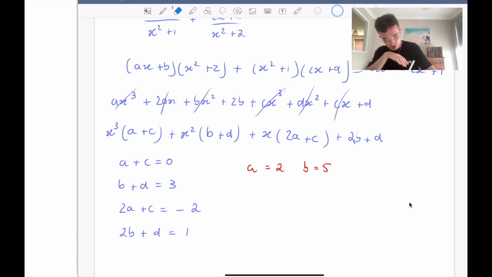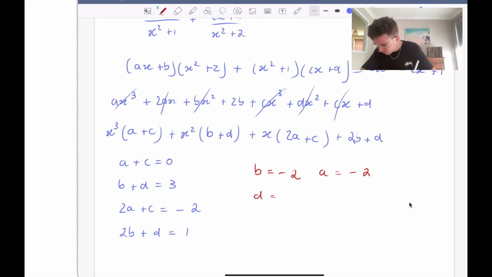No, you're not. Let me just quickly check that. I'm just checking my solutions from before. You're going to get b equals -2, a equals -2 as well, d equals 5, and c equals 2.